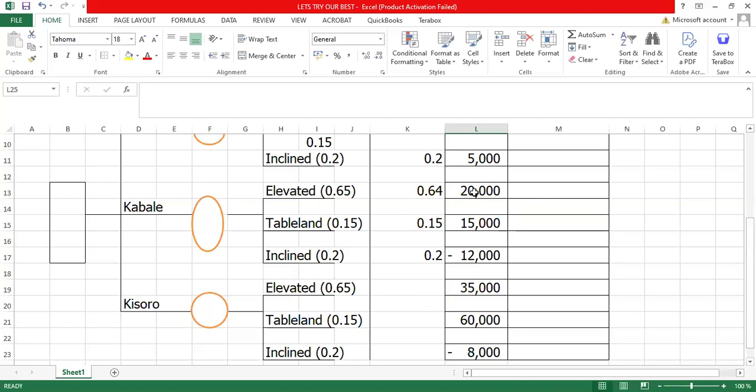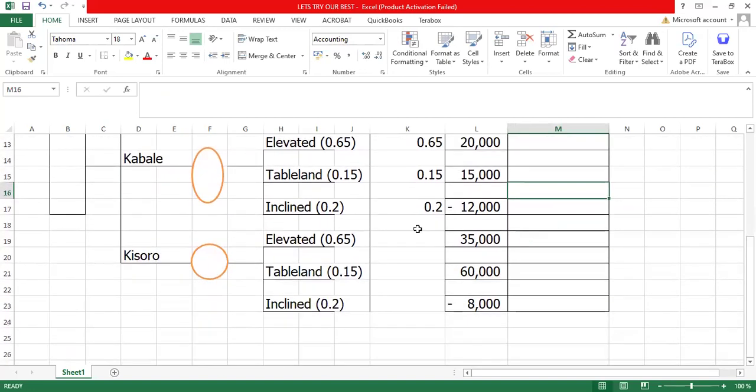It's okay, 0.65. Here it's 0.5. Do we have any other error? This is 0.65. This is 0.15. Are you hearing background noise? No. Okay.